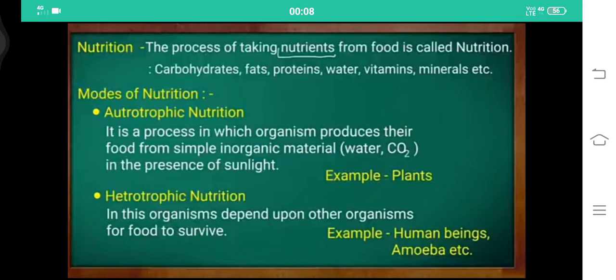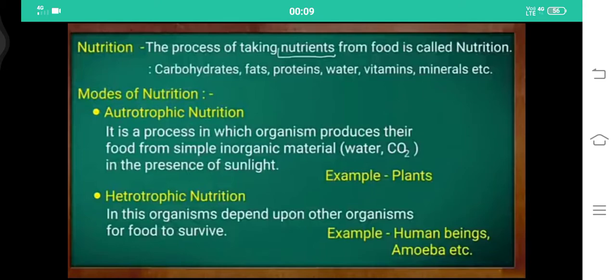You should say the plants are autotrophs because they are able to prepare their own food by using certain raw material like carbon dioxide, water in the presence of sunlight. Which are the examples for autotrophic nutrition, children?